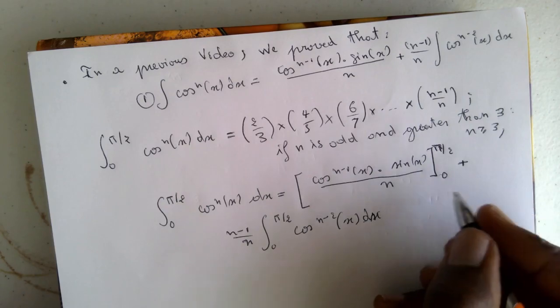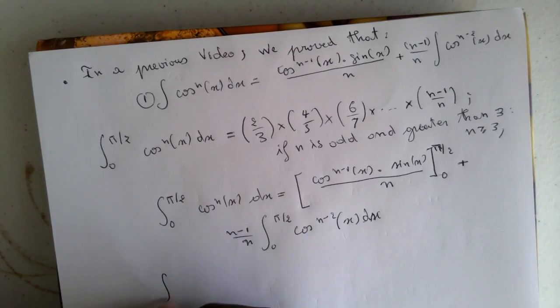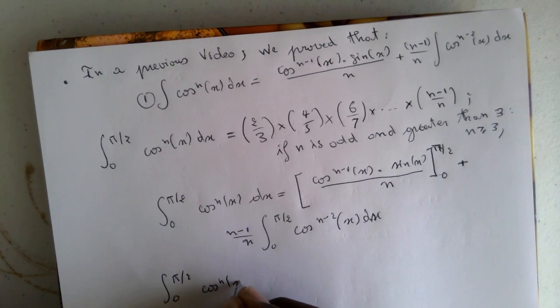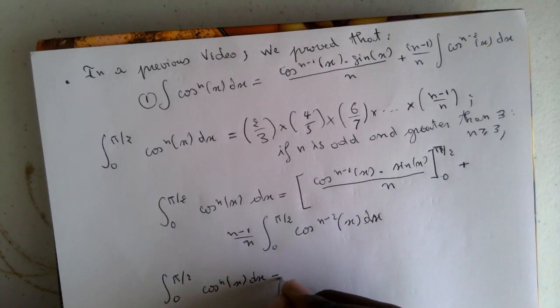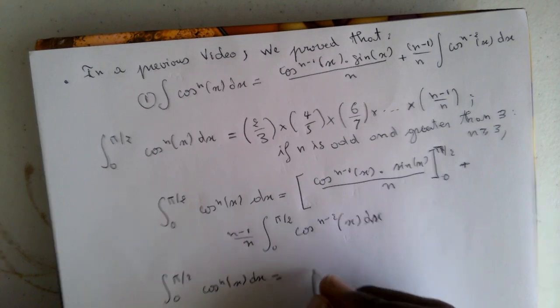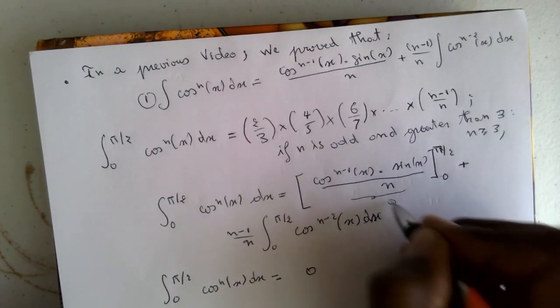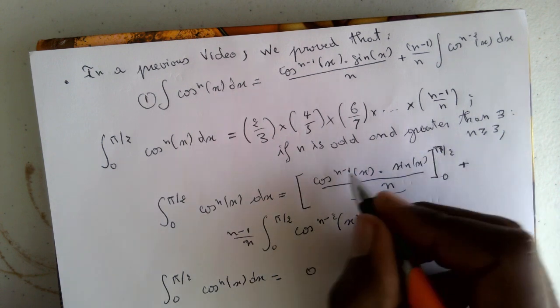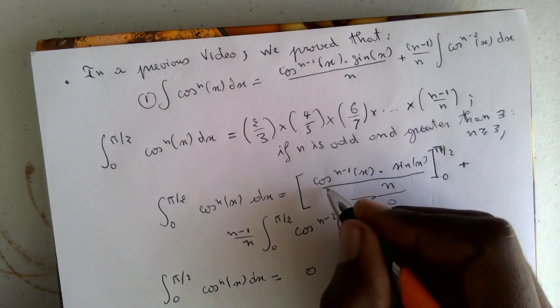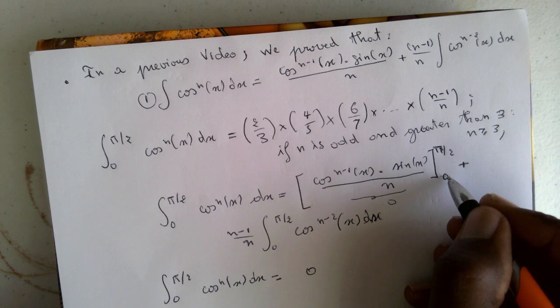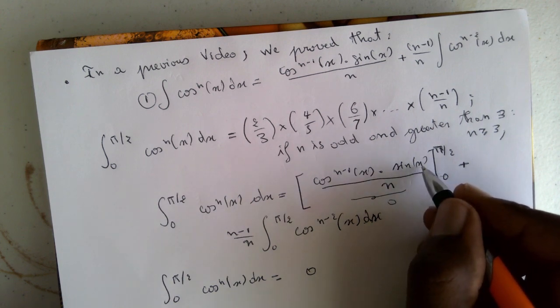So the integral from 0 to pi over 2 of cos to the power n of x dx is equal to 0 in the bracket term, because if you put pi over 2 as the argument for cosine, it's 0, and if you put 0 for sine, it's 0 as well.